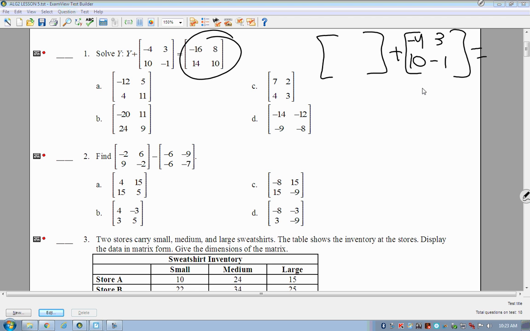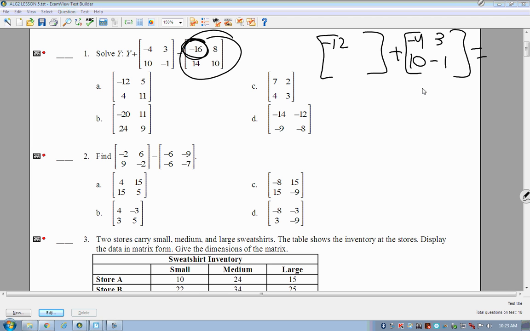So the answer to y is in 4 parts, okay? What plus -4 equals -16? -12. -12 plus -4 equals -16.